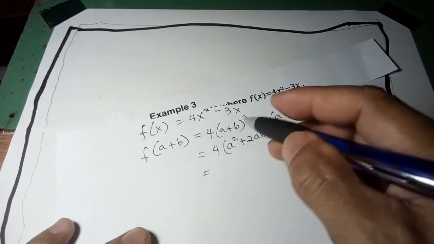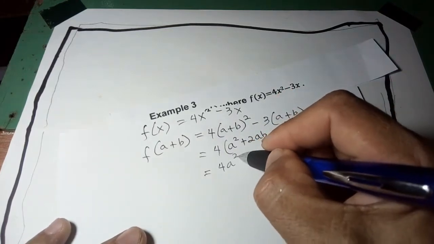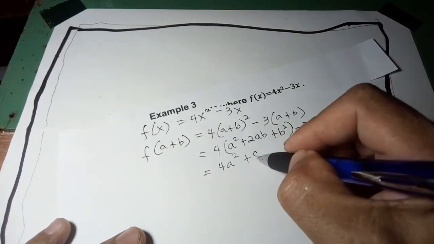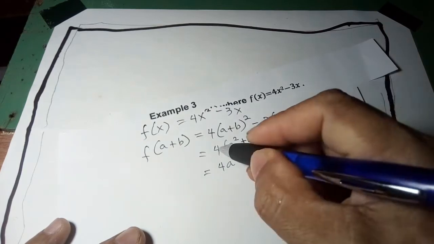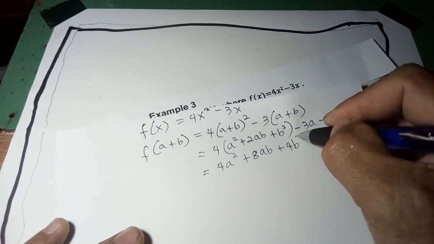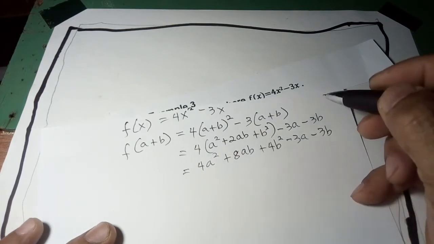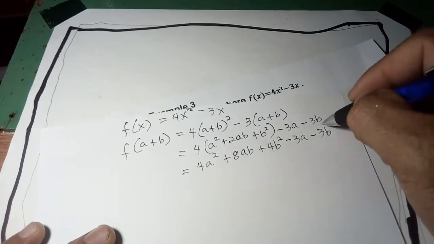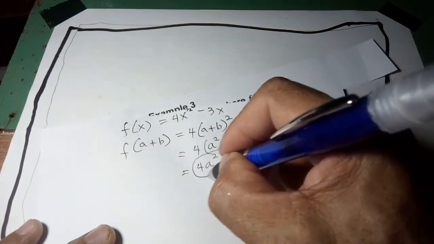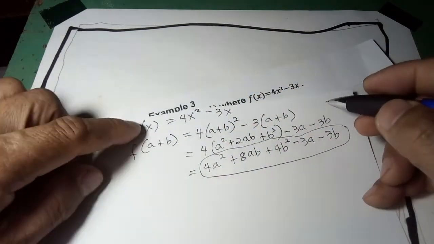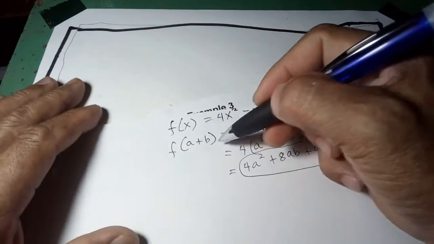Simplify further, distribute 4. So this is 4a squared plus 4 times 2, 8ab, plus 4b squared minus 3a minus 3b. So this is now the value of the function f of x when x is a plus b.